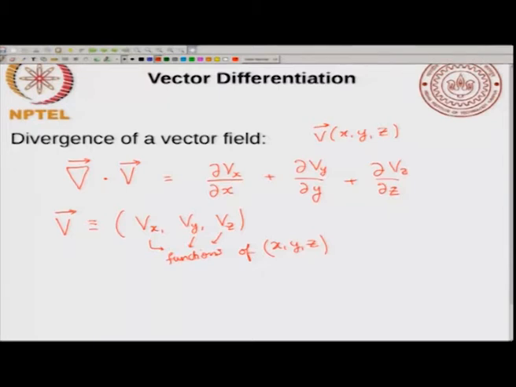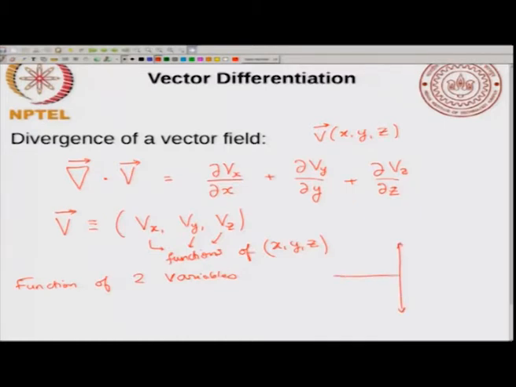Okay. Now, again if you want to think about vector fields, what you really have to do is imagine a function of two variables. Then what does a vector field look like?